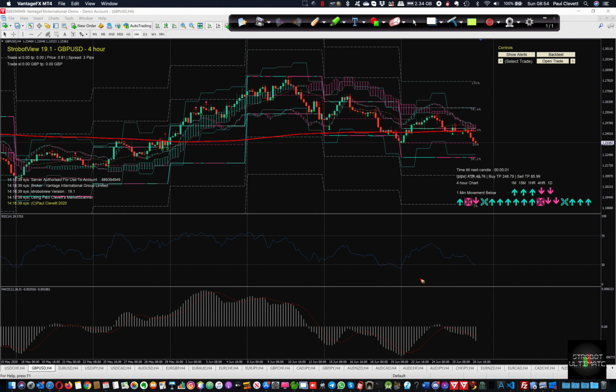The other way that people use MACD actually is, as I said before, well, some people like to do when it crosses the line, put a short on. It's completely in the wrong place. Strobot view's first trade in this downtrend is there, second one there, third one here.